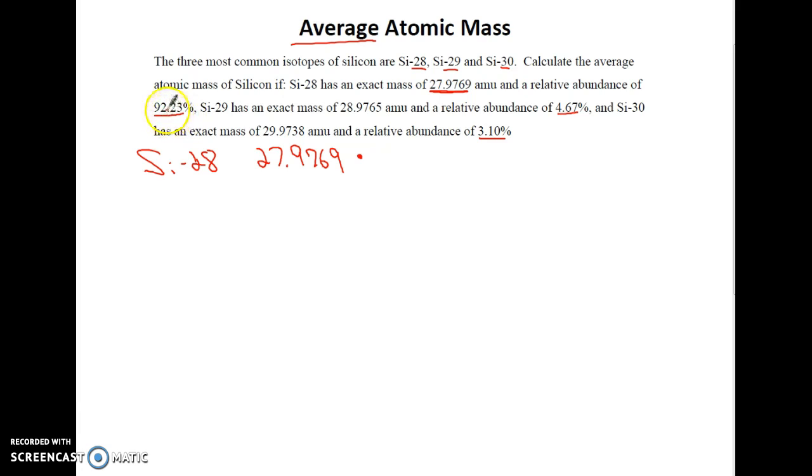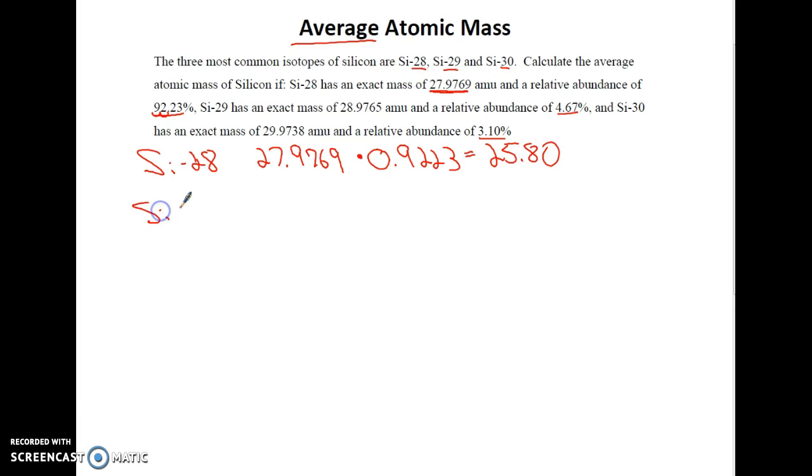So remember, that's like dividing by 100. You're moving the decimal point 2 places to the left, so it becomes 0.9223. When you do the math for this, you are multiplying, so you are going by the least number of significant digits. This one has 4, so I'm going to round my answer off to 4 significant digits, 25.80.